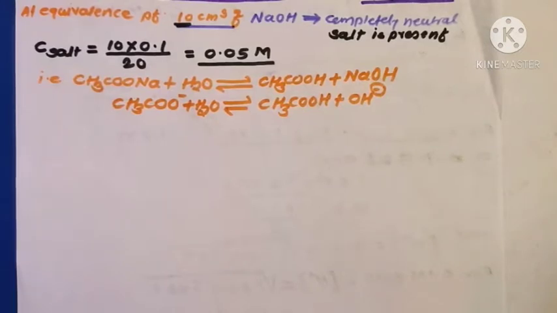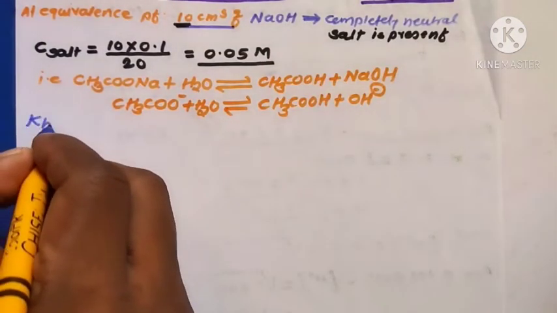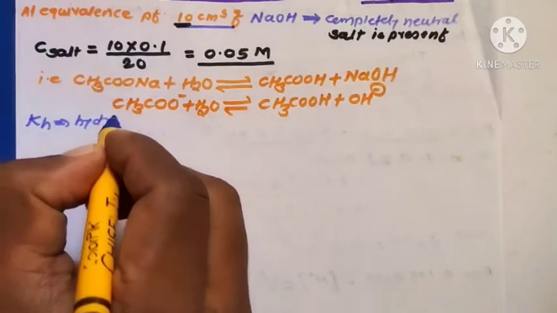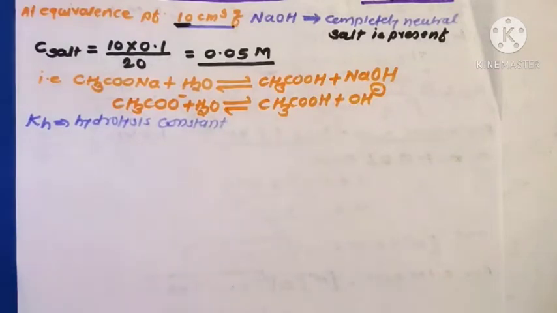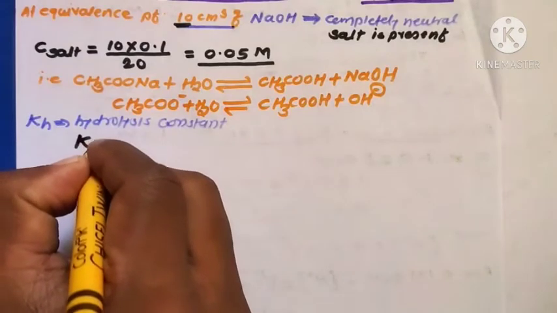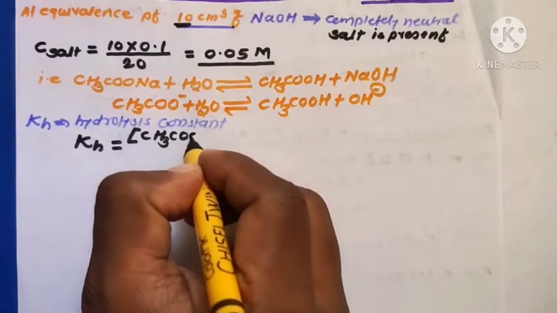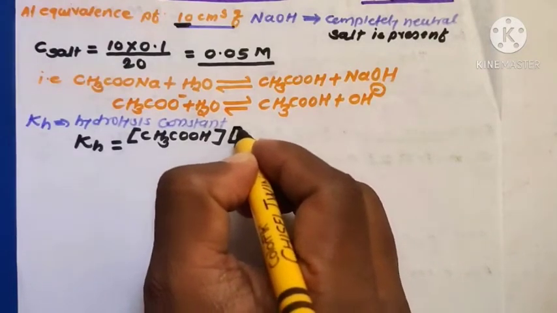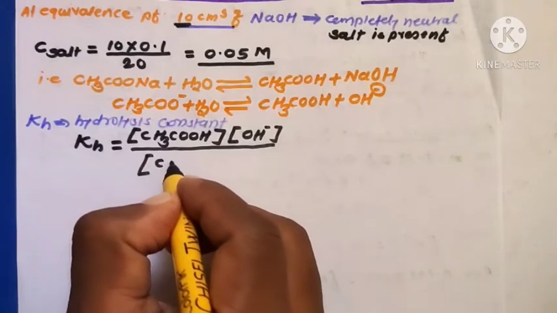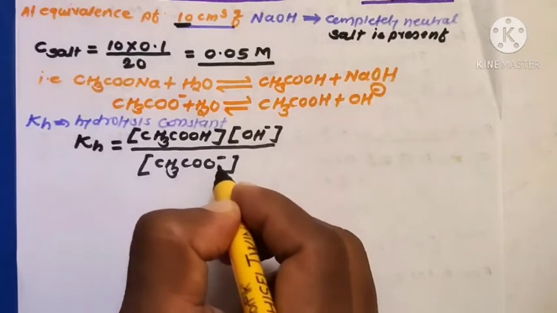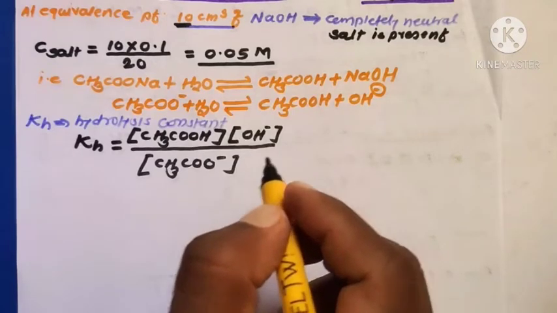Now the hydrolysis constant, KH, can be defined as KH is equal to the concentration of CH3COOH into concentration of OH minus ions divided by concentration of CH3COO minus ions.